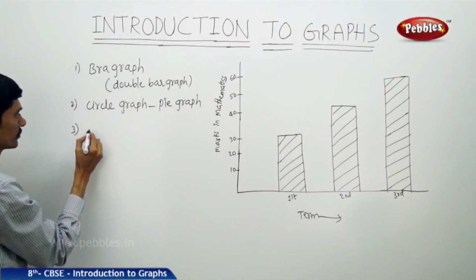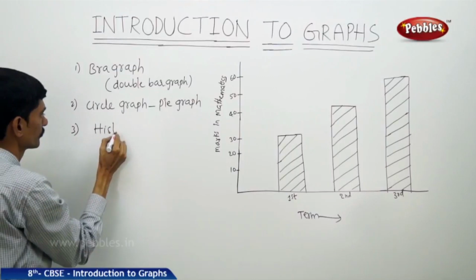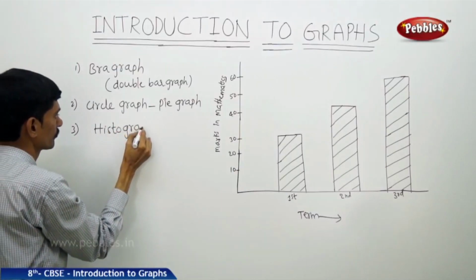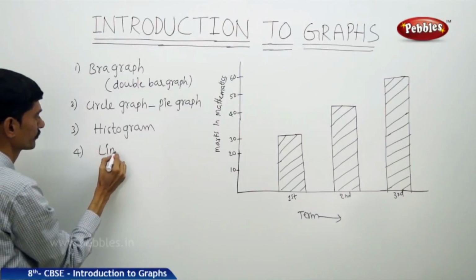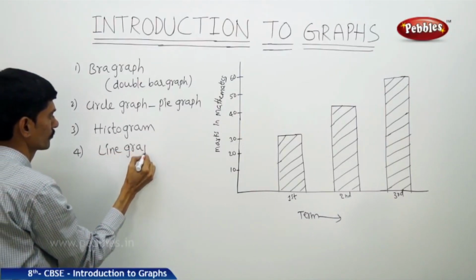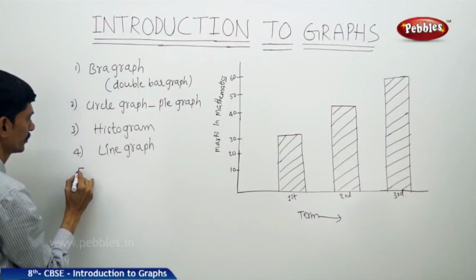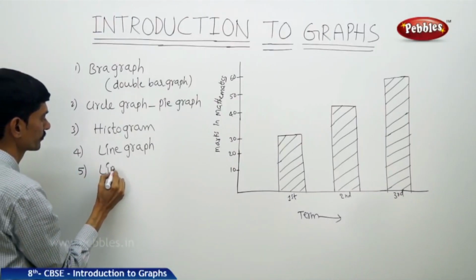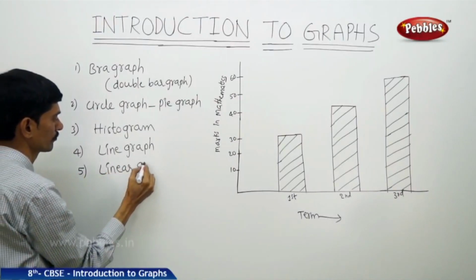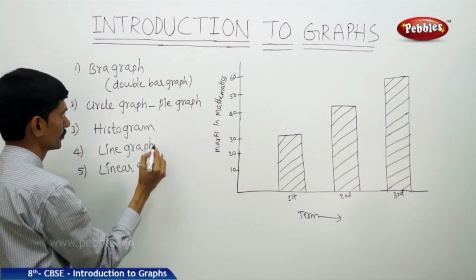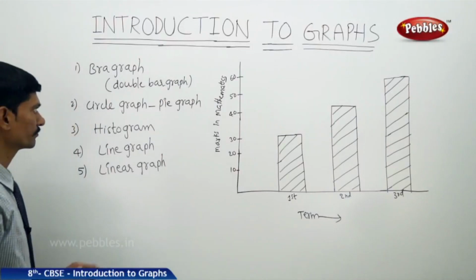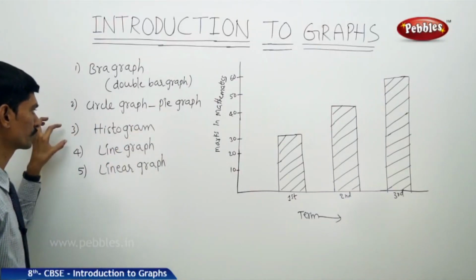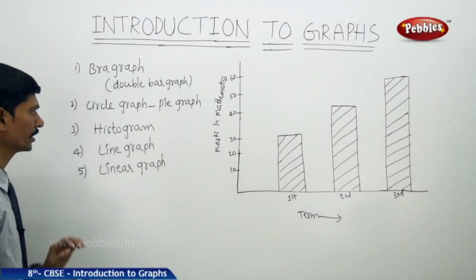Next one, histogram. Next one is line graph. And the last one is linear graph. So there are the different types of graphs: bar graph, circle graph also known as pie graph, histogram, line graph and linear graph.